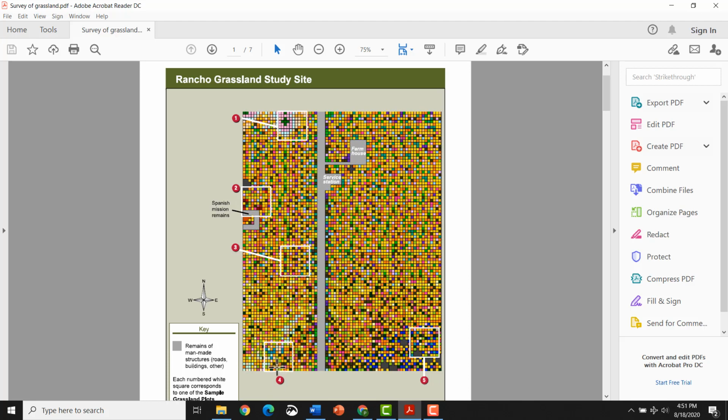So you need to come up with a hypothesis. Why would we have more non-native species either at plot 2 or at plot 4? And you need to think of a reason based on what is around. So what is around plot 2 that possibly might have had more non-native species there? Or what is around plot 4 that would possibly make it so that there's more non-native species there?